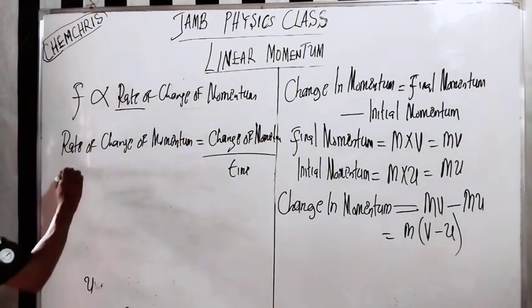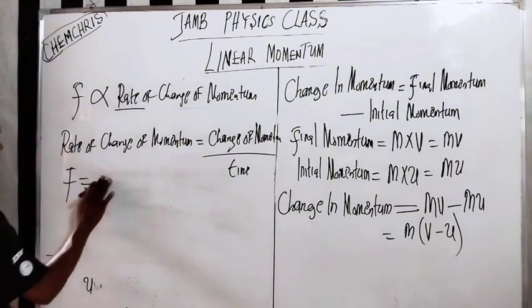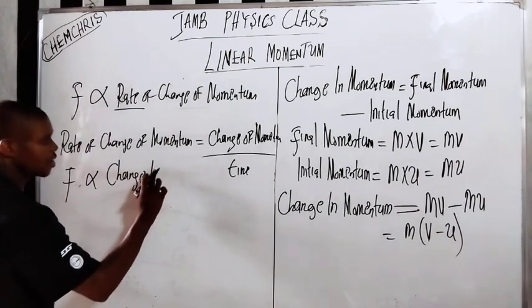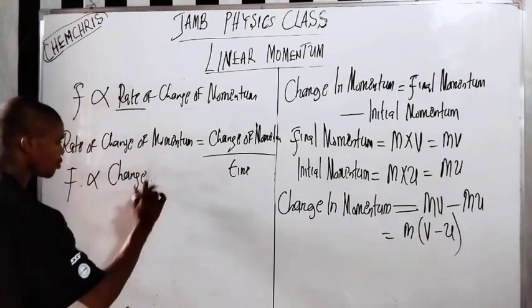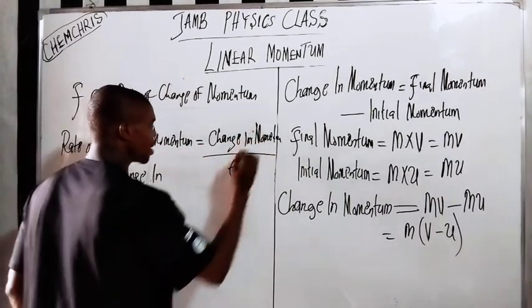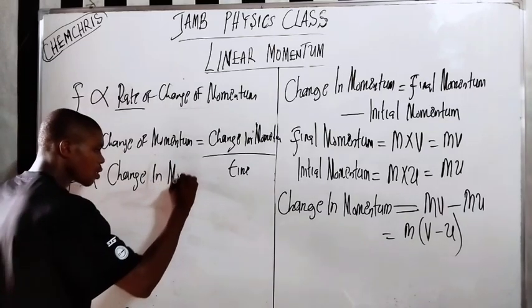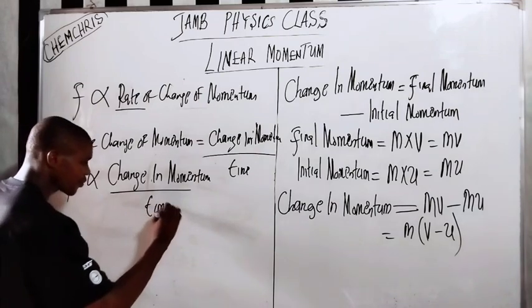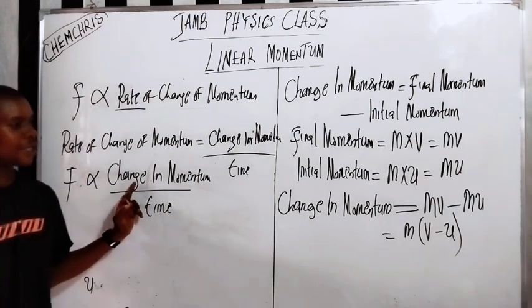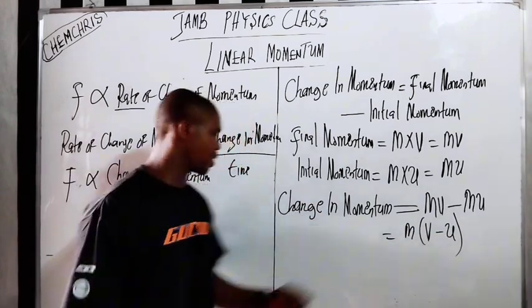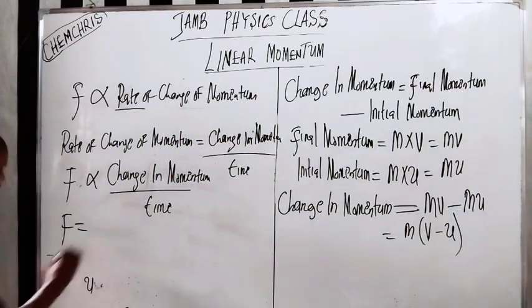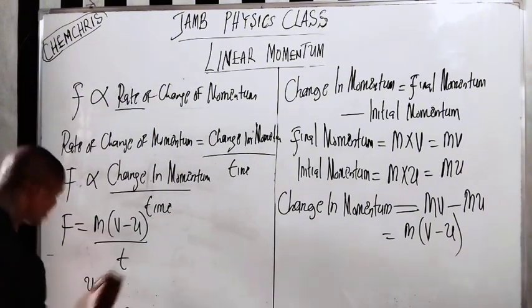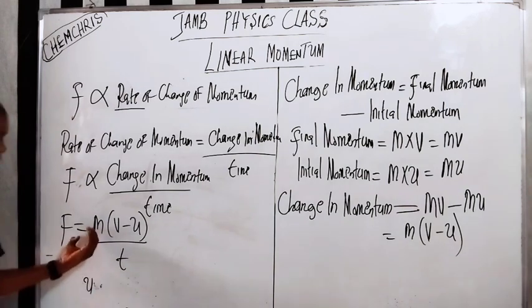It means that force is directly proportional to change in momentum over time. Now remember, my change of momentum is all this here. So you can see that F equals m(v minus u) over t. Can you see that?